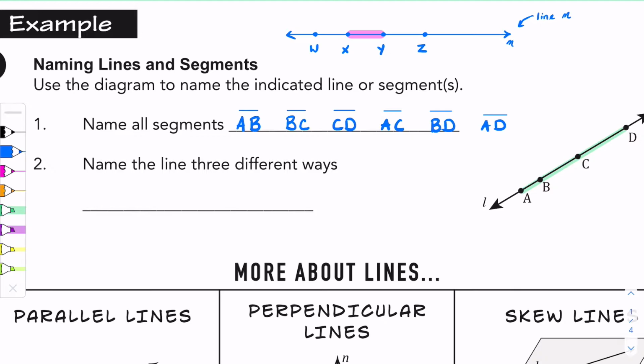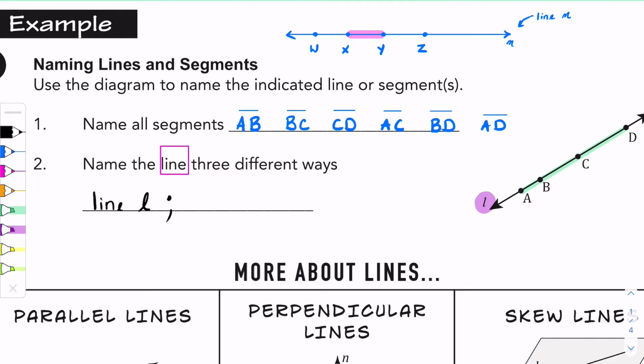Number 2 in this example asks us to label the line in 3 different ways. So line is what we learned about yesterday. And you can label a line by its points or by the lowercase script letter, which would be this letter here. So I'm going to start with that letter, and I'm going to label this line as line L. That's my first way of labeling this line.